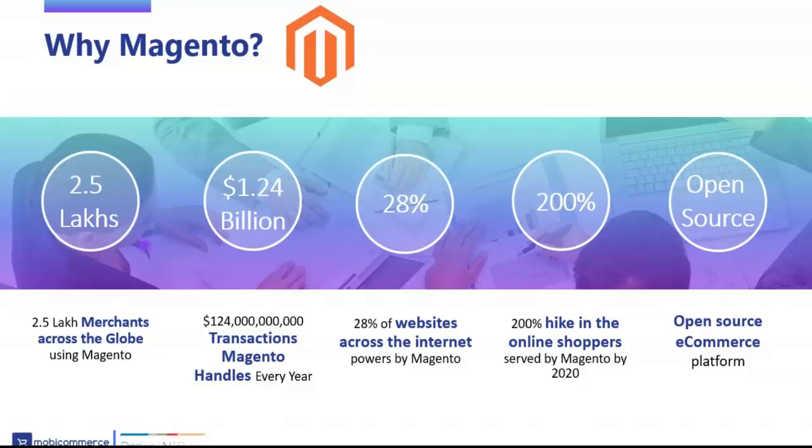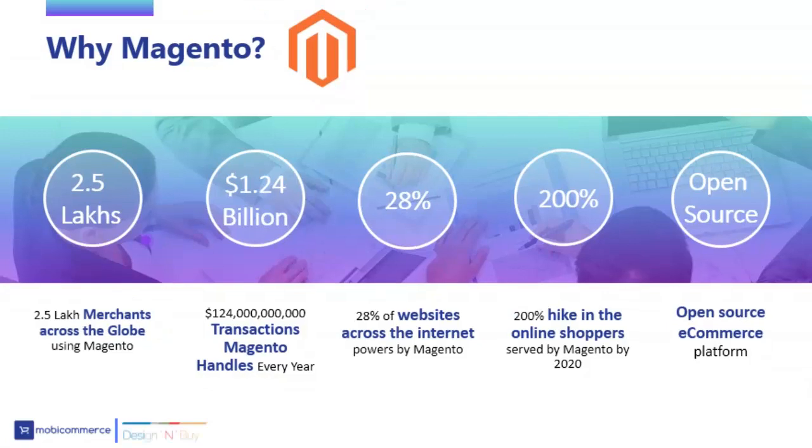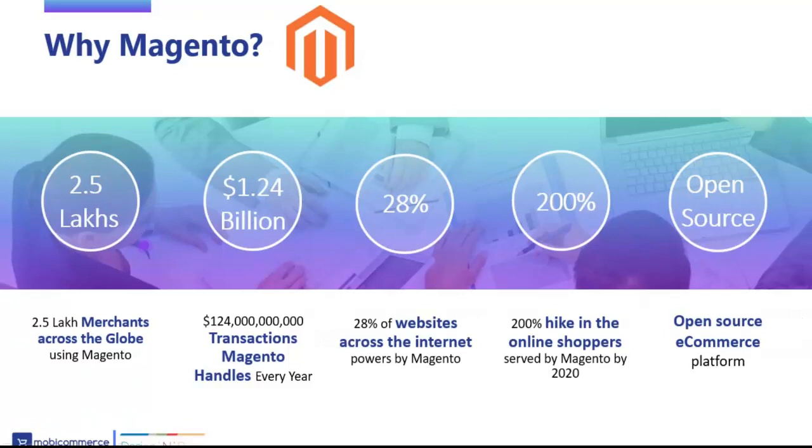As you can see on my slide, the number one big reason I consider is that it's a great open source platform. What I mean is that it has a community. It's a great community-driven platform, so you get huge support directly from the community itself. You don't have to rely on web agencies in small cases.